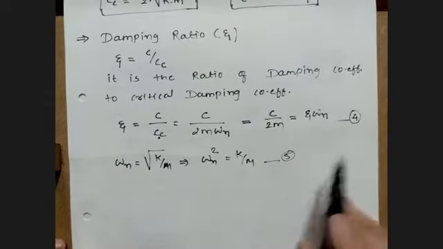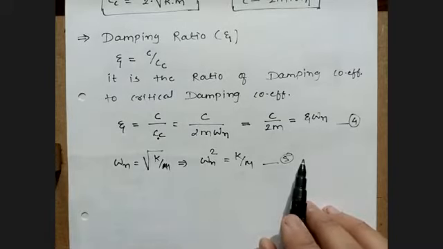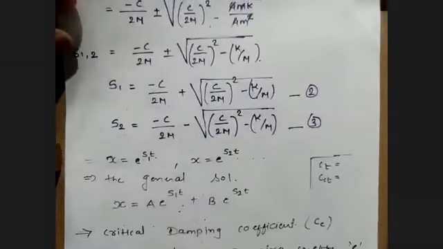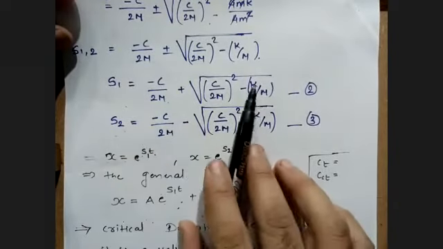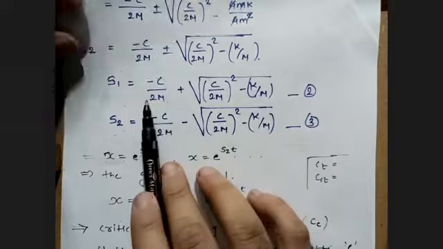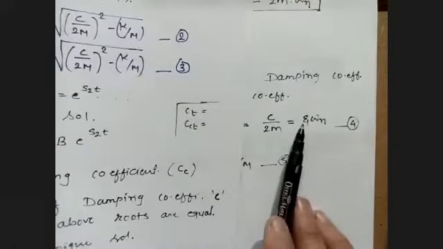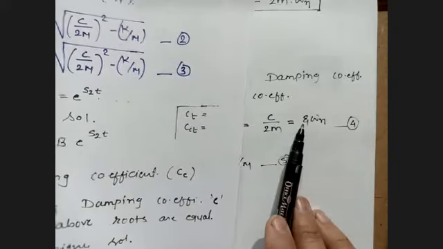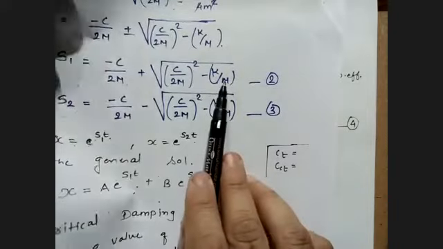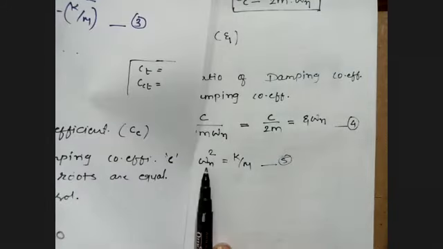Use equations 4 and 5 and put them in equations 2 and 3. You can see C by 2m and K by m. So we replace C by 2m with zeta omega n, and we replace K by m with omega n square.